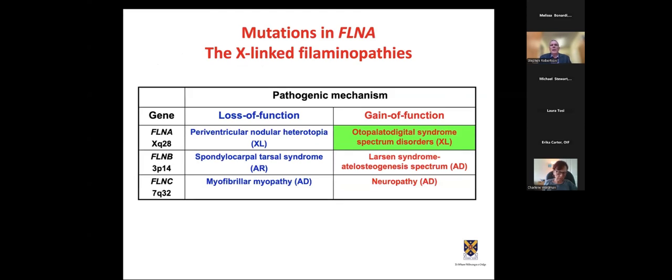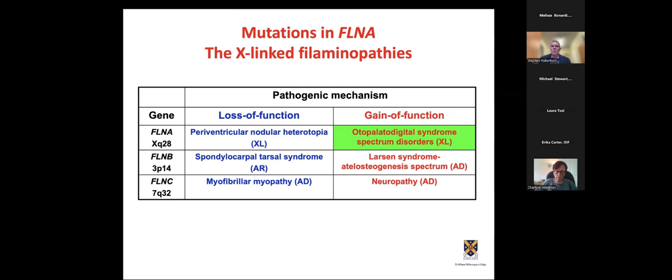So to begin with, mutations in filamin A, which is where it all began back in the late 1990s, myself and others working hard using clinical phenotypes and groups of patients recruited from all over the world. We found using a positional cloning approach that filamin A mutations underlay a large number of related, phenotypically related, but still distinct disorders that were X-linked in nature.